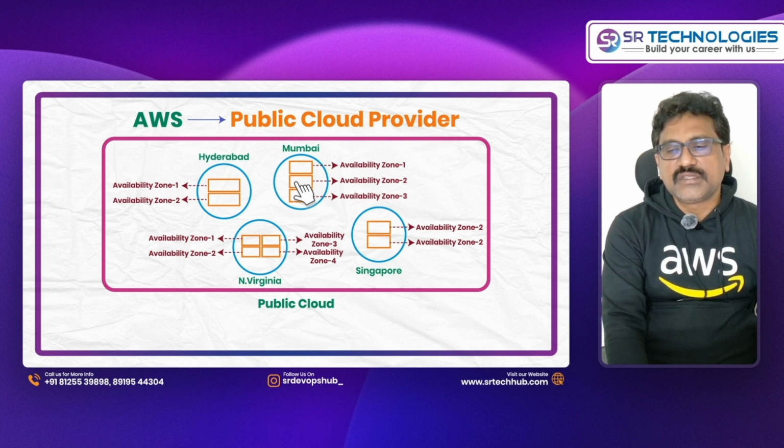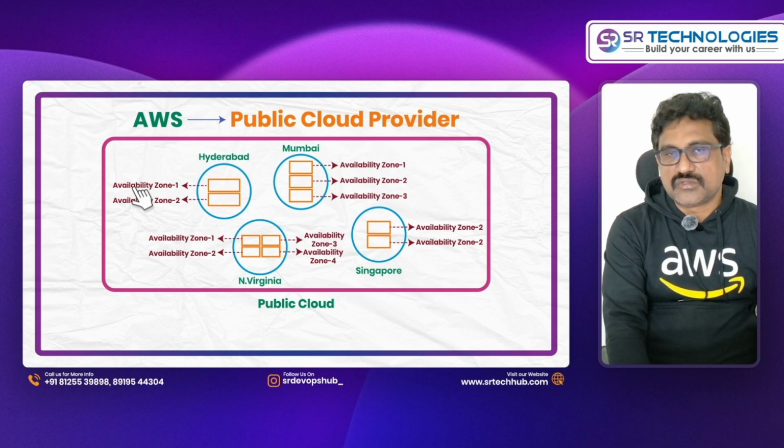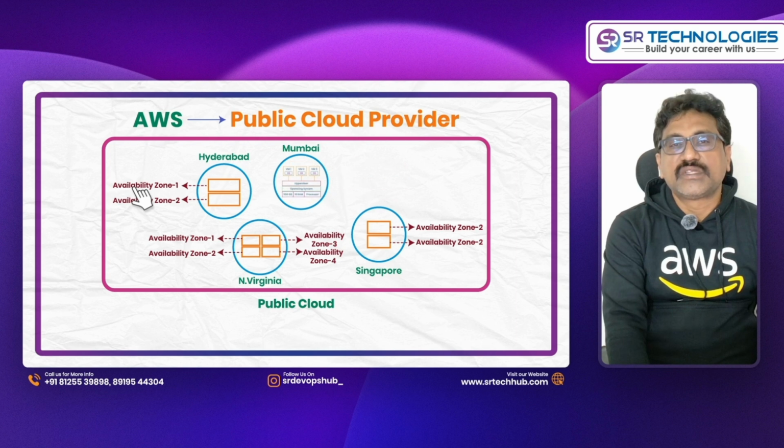Again, here AWS has multiple regions: Mumbai, Singapore, North Virginia, and Canada, like this. Even Hyderabad is an AWS region. But again, in each region, they will have multiple availability zones. That availability zone is an actual data center. Fine. In these availability zones, we can create these virtual servers.